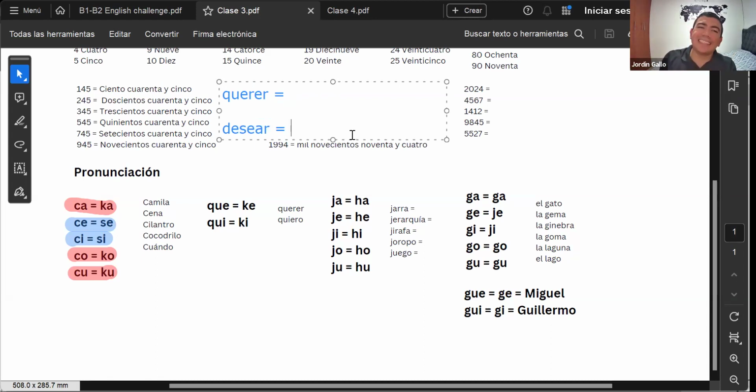And when you use desear, it has two different meanings. The first one is when you wish something. For example, imagine that your whole life you wanted to study, or you desired to study, I don't know, at Harvard University.